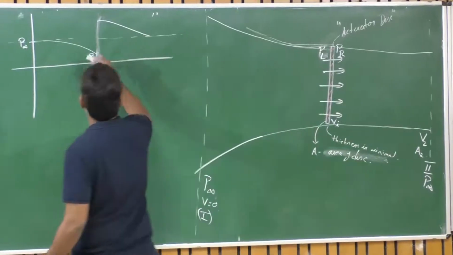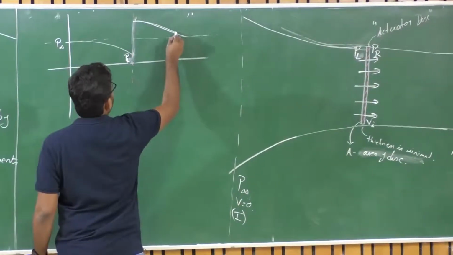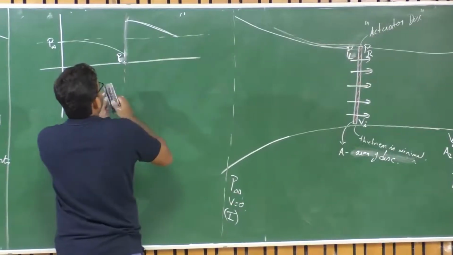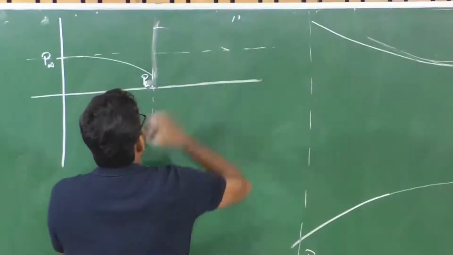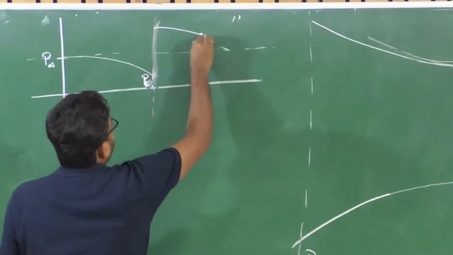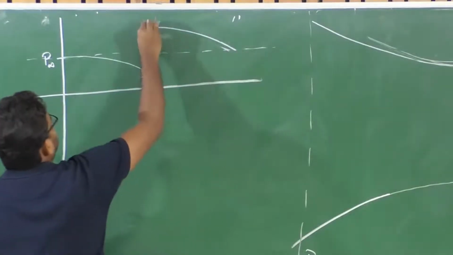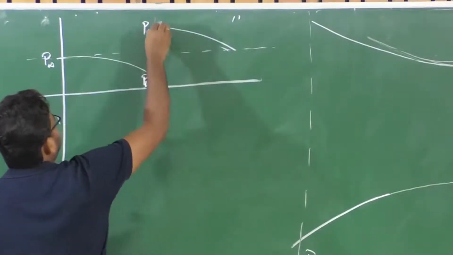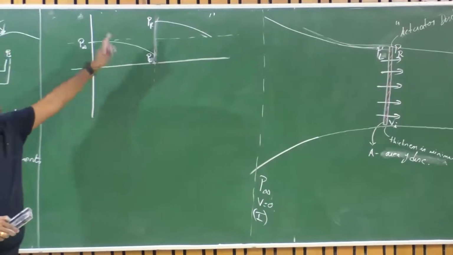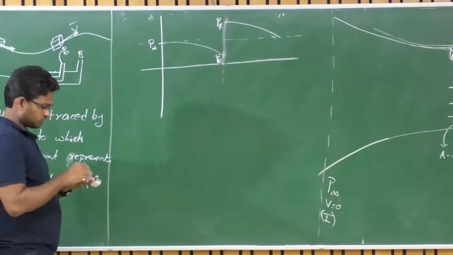So it is trying to get back to this. So let this be P on the right side pressure, where there is a discontinuity here, right?